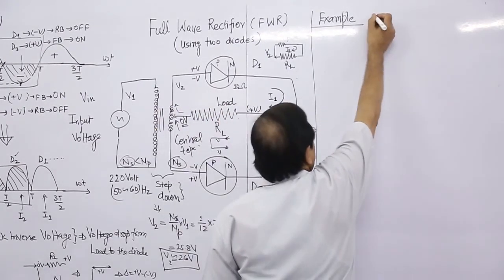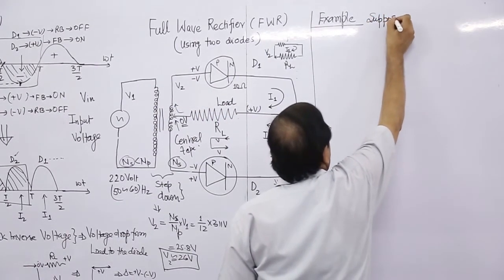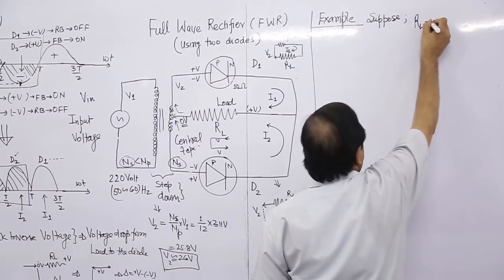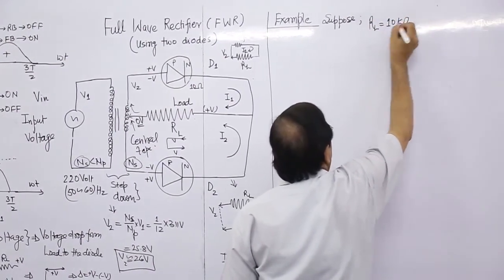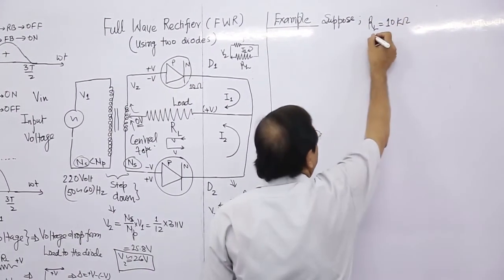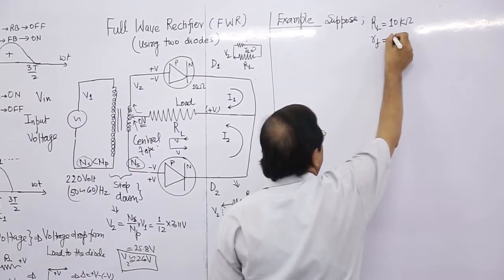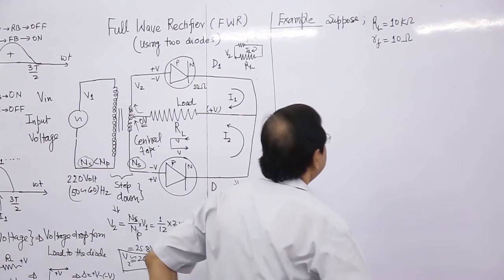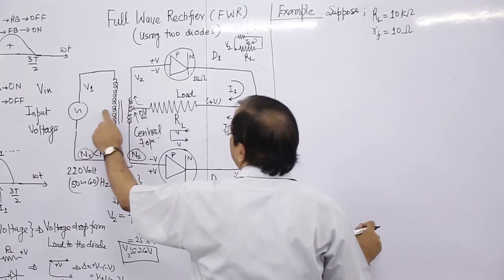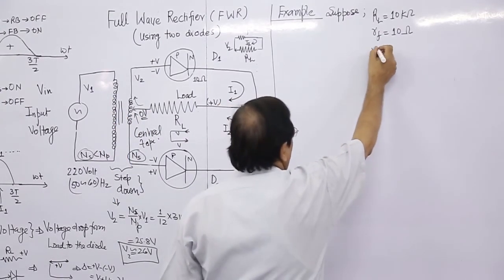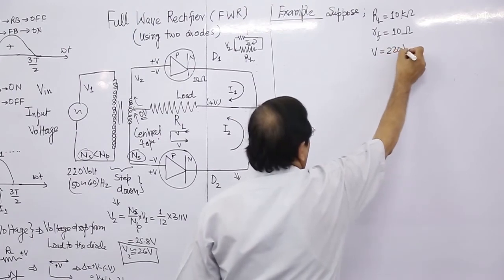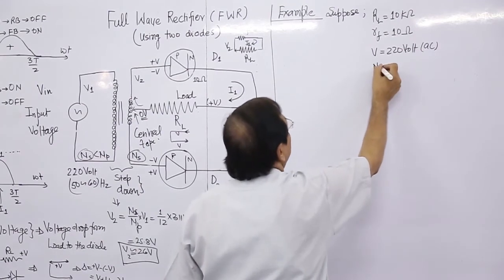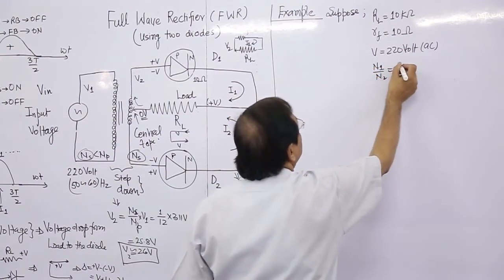So, suppose the load RL is 10 kilo ohm, the forward resistance RF is 10 ohm, and the voltage is 220 volt AC, and the ratio N1 upon N2 is 1 upon 12.